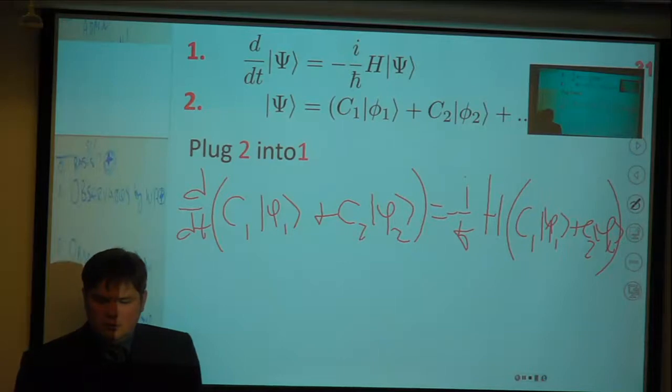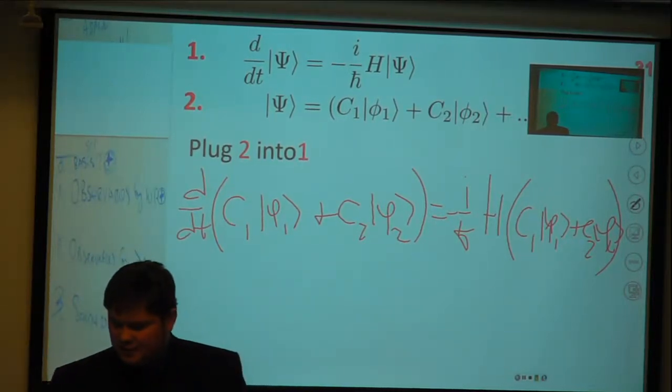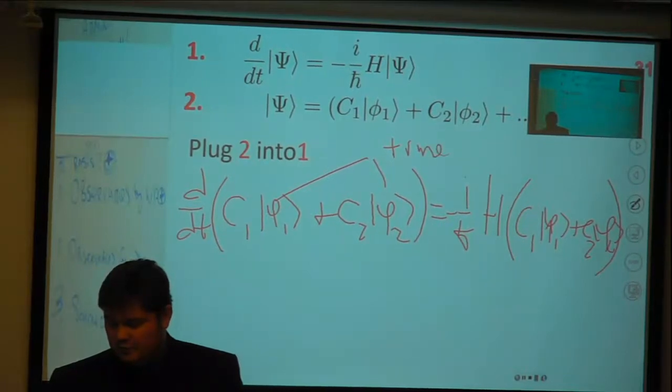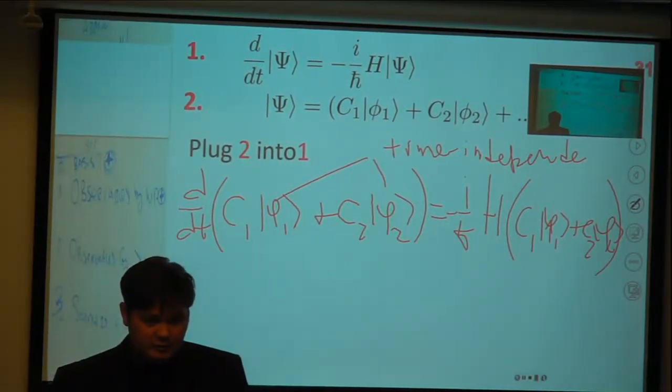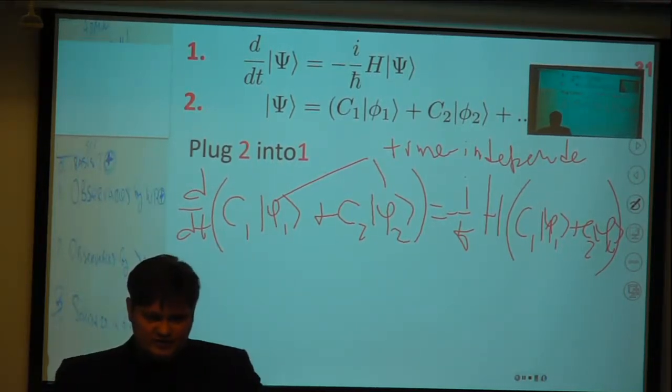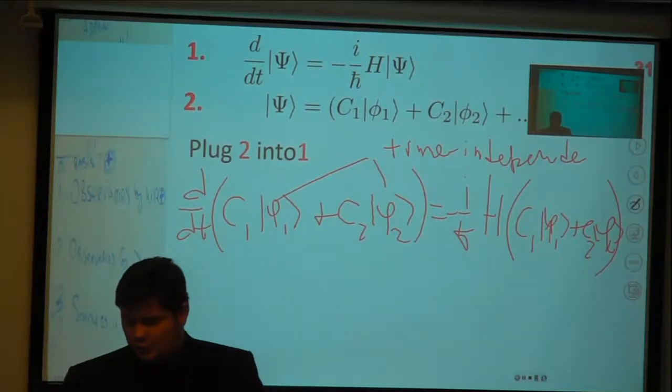Our basis functions are chosen to be time independent. The simplest example of basis functions are eigenstates of the Hamiltonian. And even if there are problems with finding them, we can select a set of basis functions that are comfortable to work with.